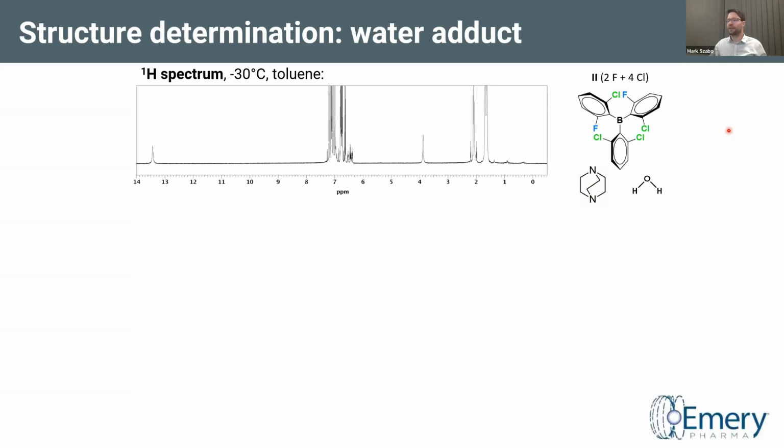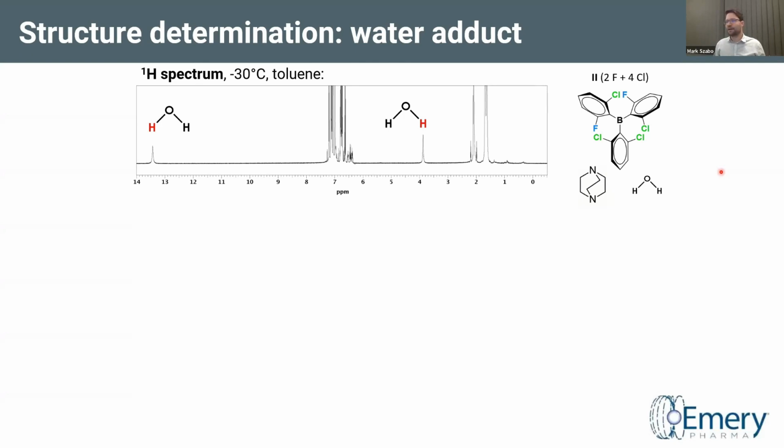And there is a very interesting thing here. You can see that the 2 protons of the water give rise to 2 different signals in the NMR spectrum, one at around 4 and one at around 13.